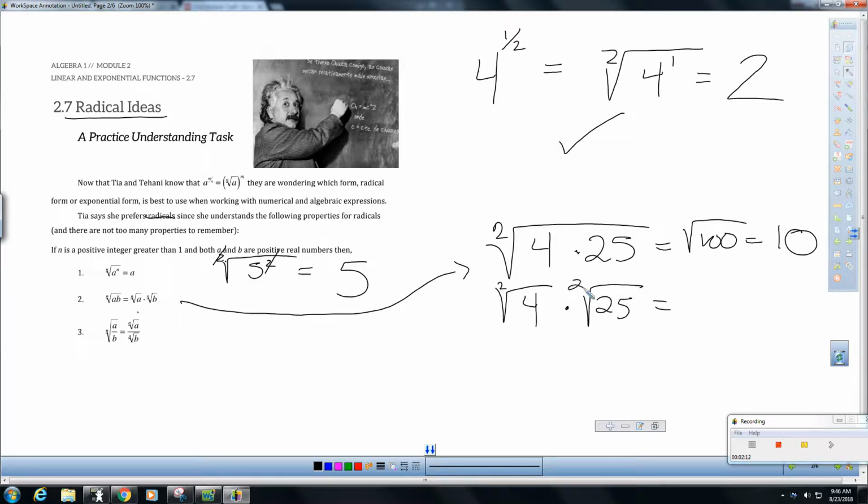Well, what's the square root of 4? 2. And the square root of 25 is 5, and that indeed equals 10. So that one works. I won't do an example, but that's all they're doing. They're just showing you that these things work. In this case, a and b are just numbers, and n is a positive number.